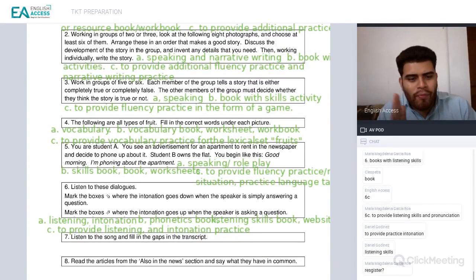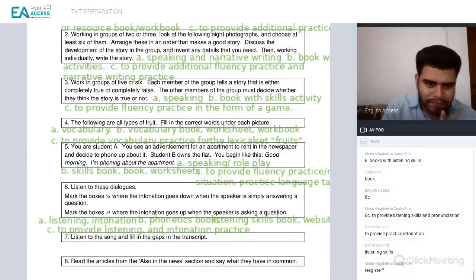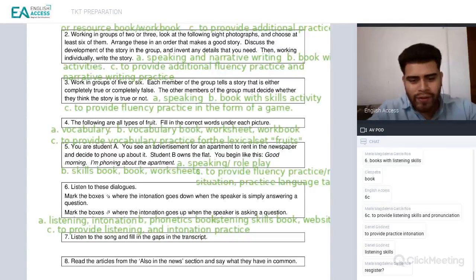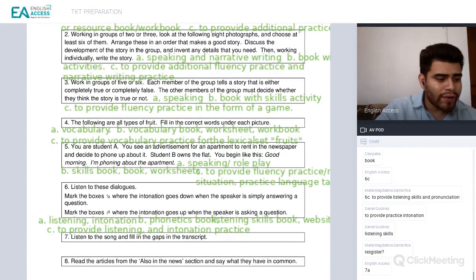All right, now number 7. Listen to the song and fill in the gaps in the transcript. What do you have for 7A? What type of subsidiary activity is this? Let me change the color.